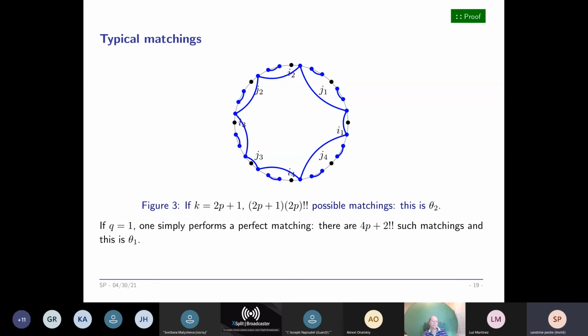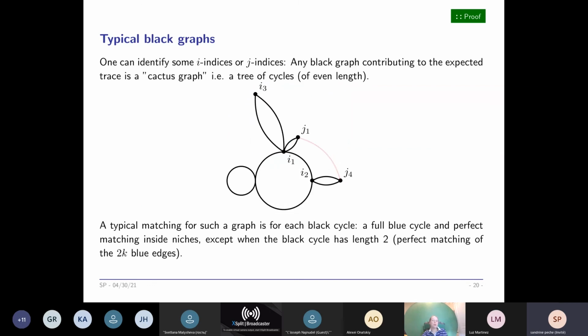And then on the next slide, we can show the following. Typically, the black cycles are not only a long cycle with 2Q edges, but they are what we call cactus graphs.